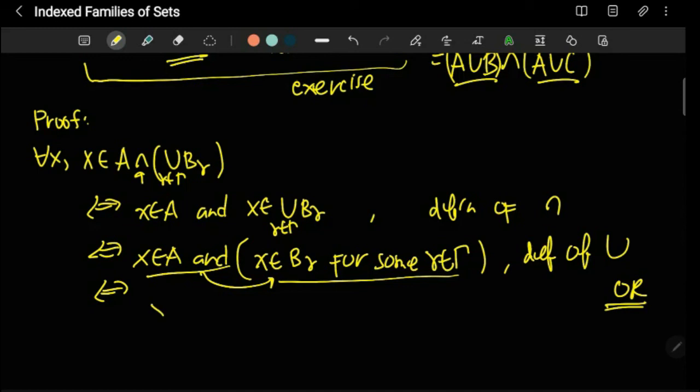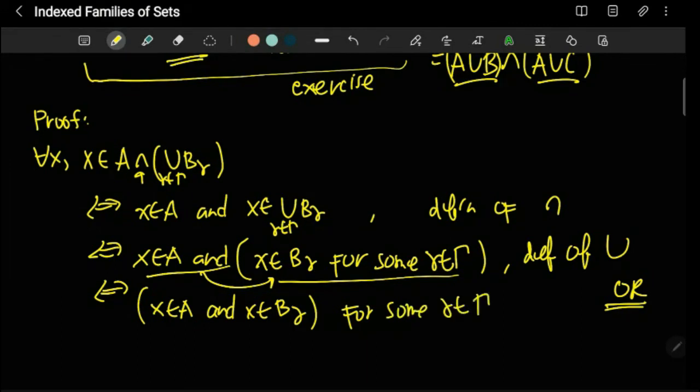So that's just x is in A and x is in B sub gamma. So you're distributing it for some gamma. All right. So again, that's just the distributive law.